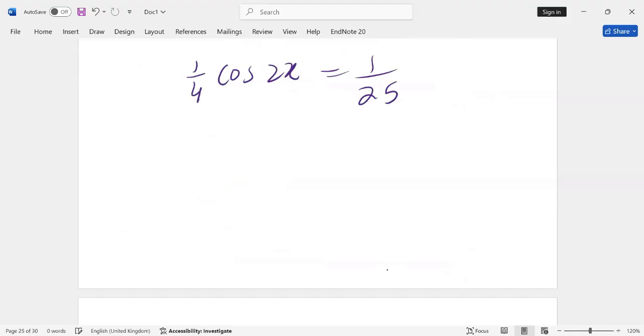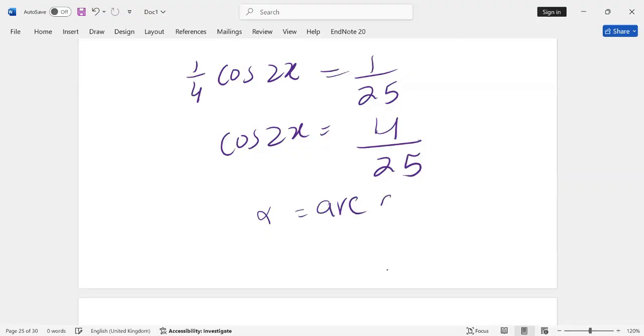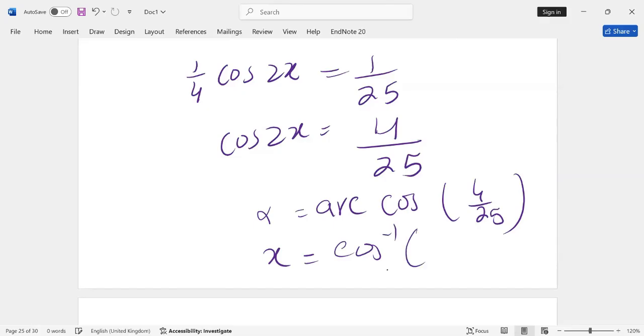So cos 2x equals 4 by 25, and we have to find the reference angle alpha, which equals arc cos of 4 by 25. You can write it like that.